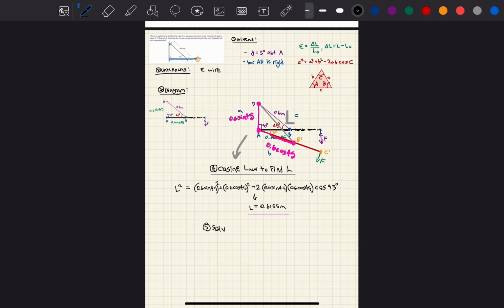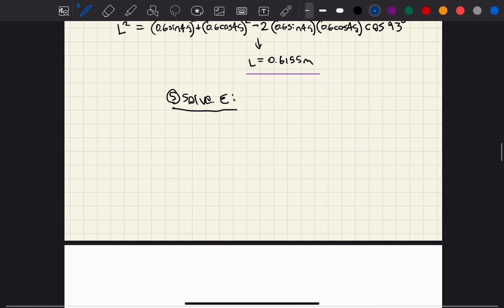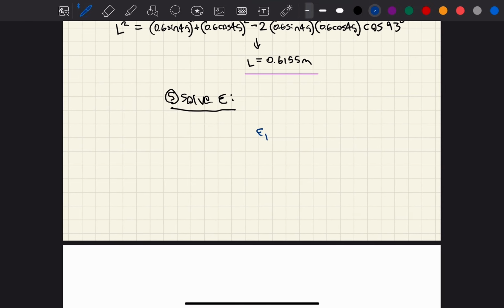Solve for strain. Strain of the wire BD. Let me zoom in so my handwriting is not a mess. Strain of the wire BD is equal to delta L over L naught. This is equal to L minus L naught over L naught.